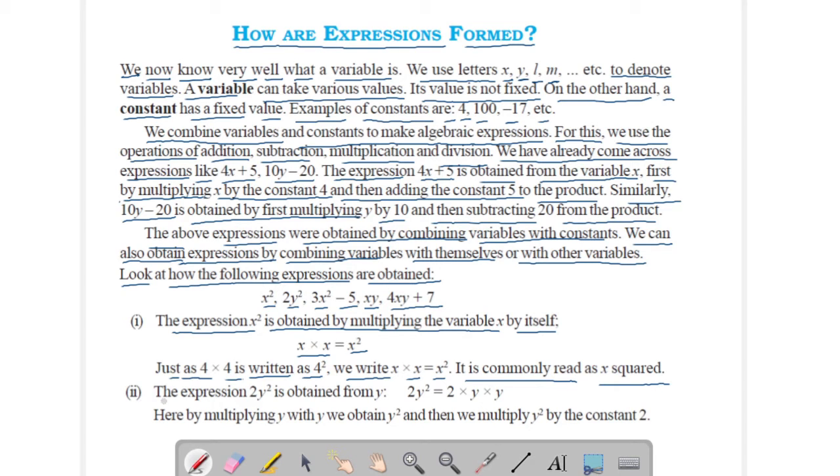Now second, the expression 2y square is obtained from y. 2y square equals 2 into y into y. Here, by multiplying y with y, we obtain y square, and then we multiply y square by the constant 2.